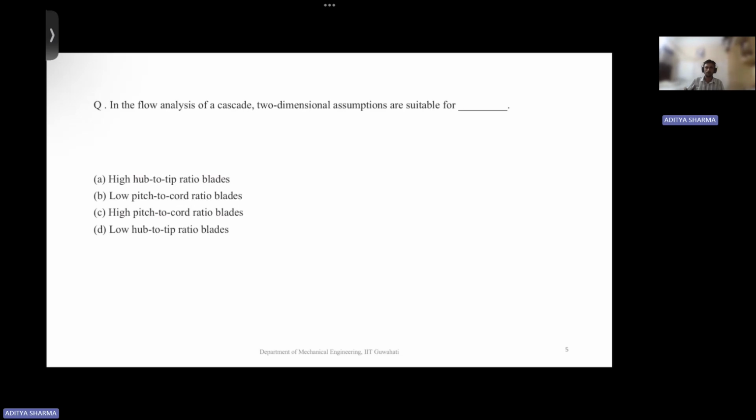This question says that in the flow analysis of a cascade, two-dimensional assumptions are suitable for what type of blades?